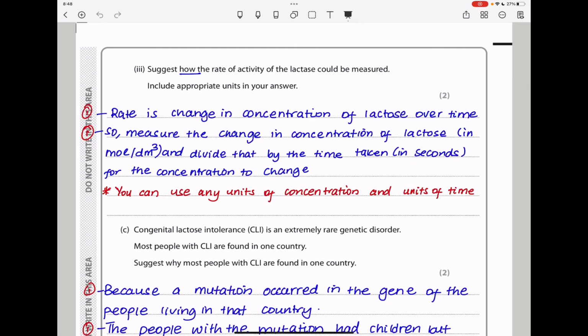So I said rate is change in concentration of lactose over time. So you measure the change in the concentration of lactose. That concentration is in mole per decimeter cubed, and you divide that by the time taken in seconds for the concentration to change. So in this case, my units will be mole per decimeter cubed per second.